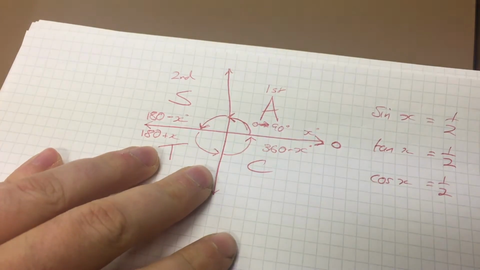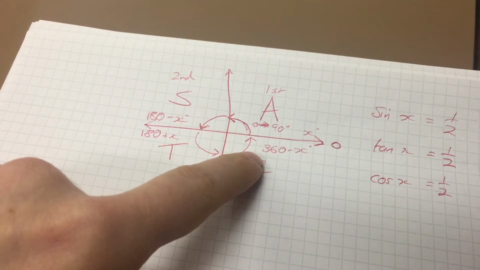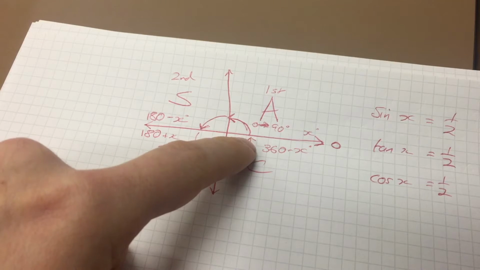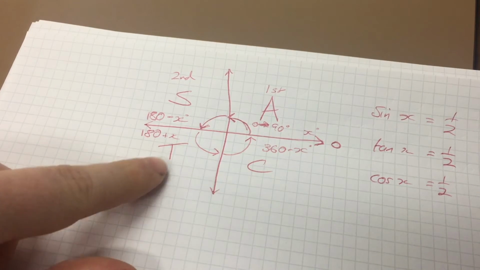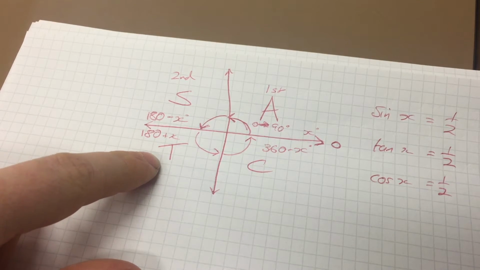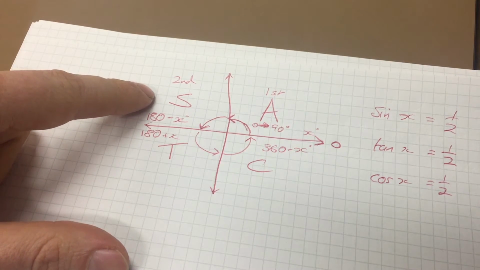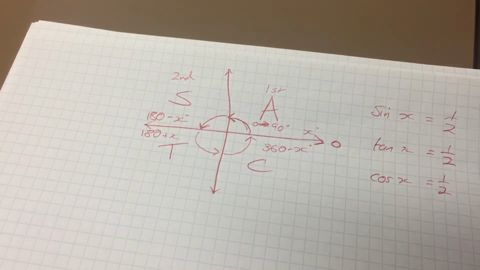This was just the thing that helped me remember that. To find my second solution for a cos curve, I do 360 minus the angle I work out. For a tan one, I do 180 plus the angle I work out. For a second solution in a sine, I do 180 minus the angle I worked out.